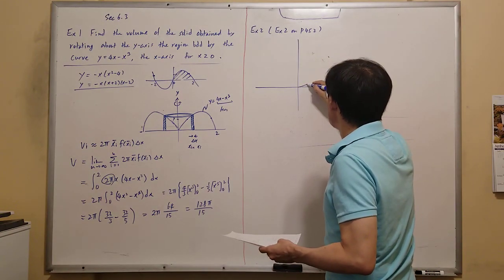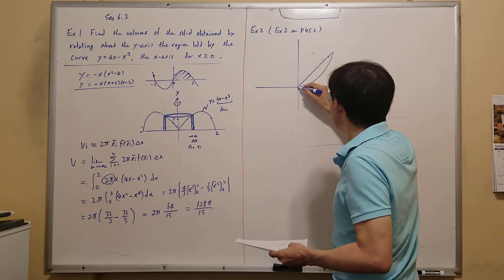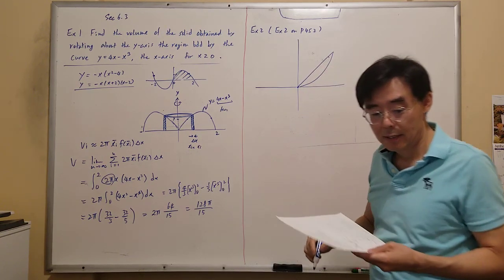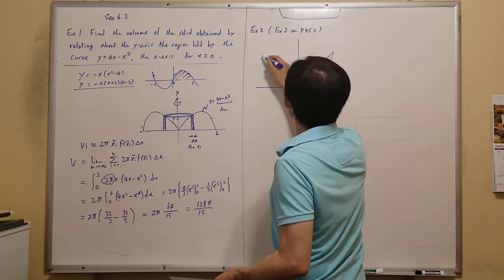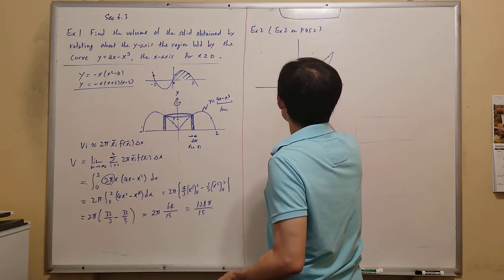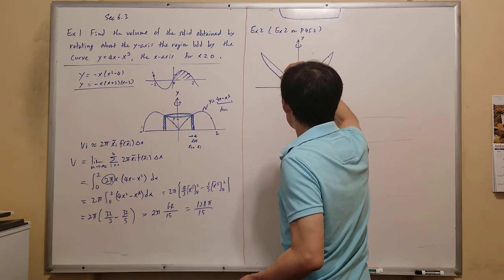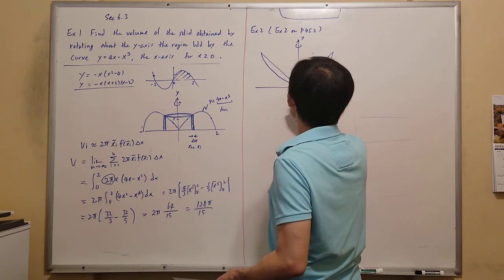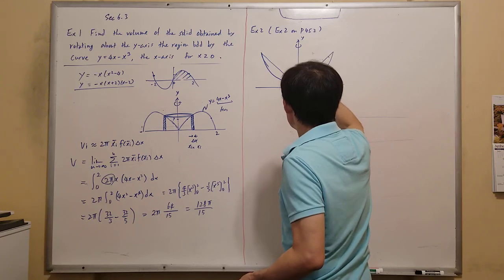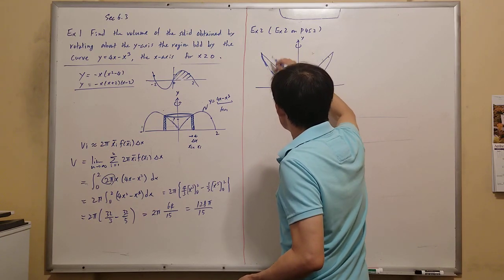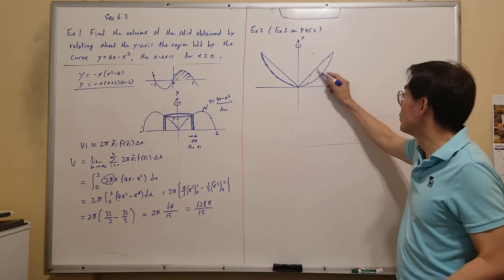So y equals x squared. Y equals x will intersect at (0,0) and (1,1). Okay? That region, we're going to rotate around, again, the y-axis. Okay, something like this. So this region rotated.